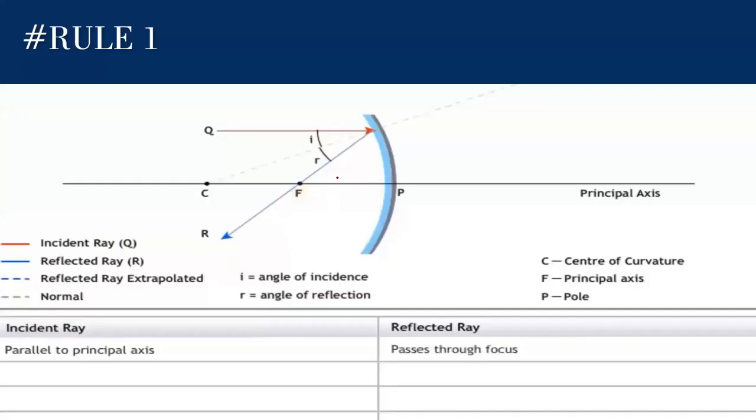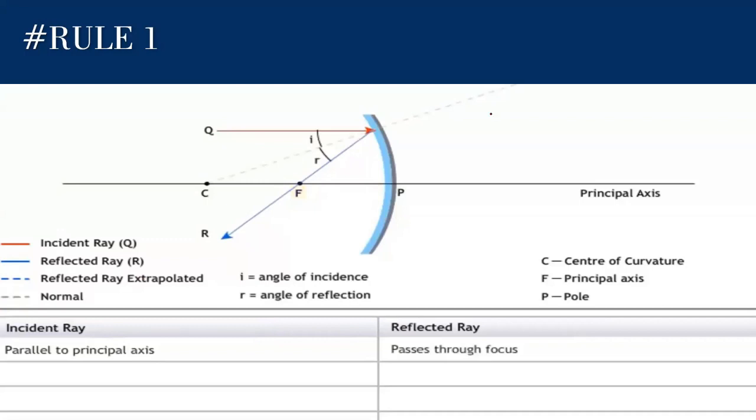Rule number 1 says that if the incident ray, we know what an incident ray is, we know what the principal axis is, we are well acquainted with these terms now, if the incident ray is parallel to the principal axis, the reflected ray will go through the focus.